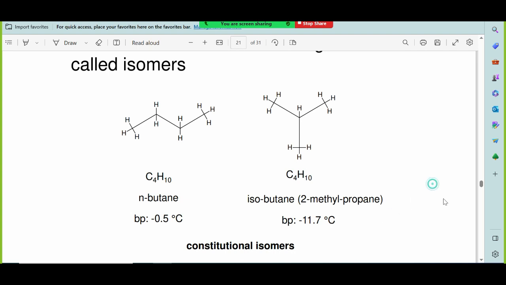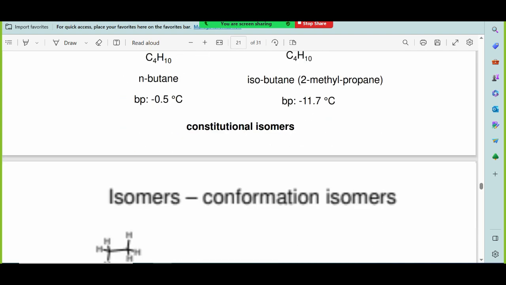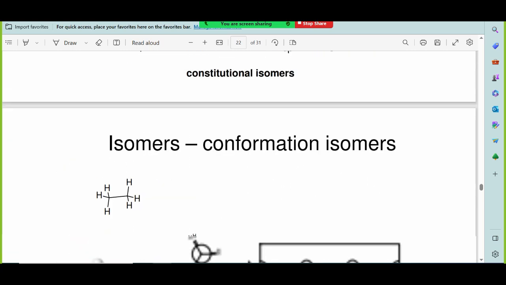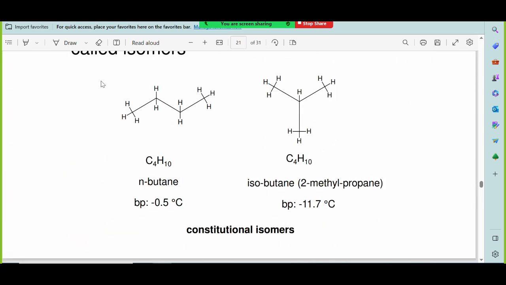The structure is completely different. Here we have a chain composed of 1, 2, 3, 4 carbon groups. Here we have a chain composed of 1, 2, 3 carbon groups, the longest chain, and just a methyl attached to it, bonded to it.